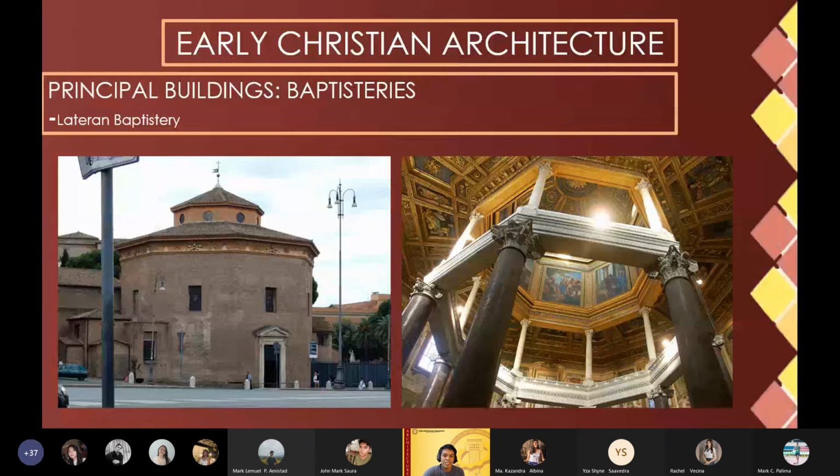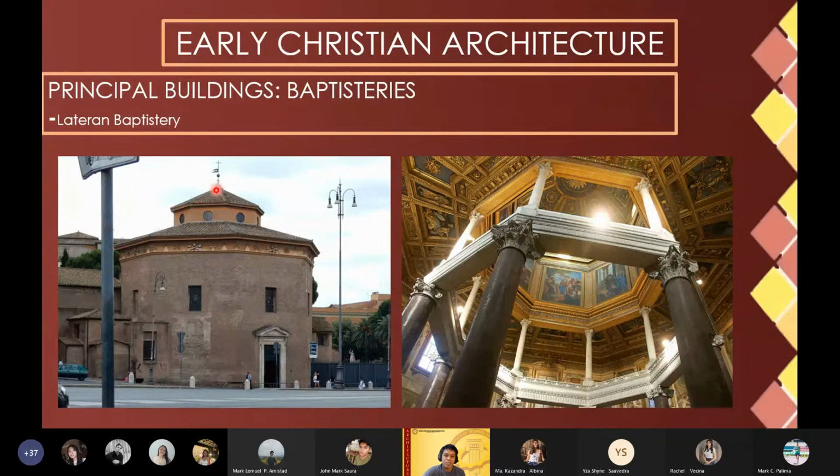Okay, if you notice, its dome is diagonal. I mean octagonal, sorry. Octagonal domed. This is what you call the Lateran baptistery. This is somewhere in the upper part of Rome, so its climate is almost temperate.